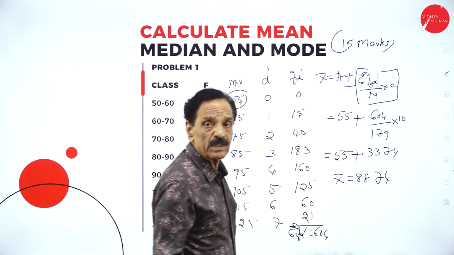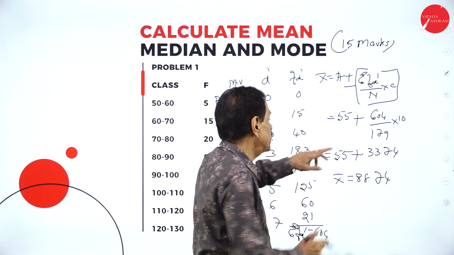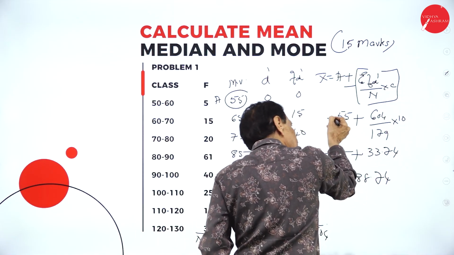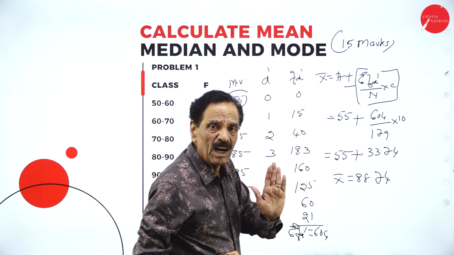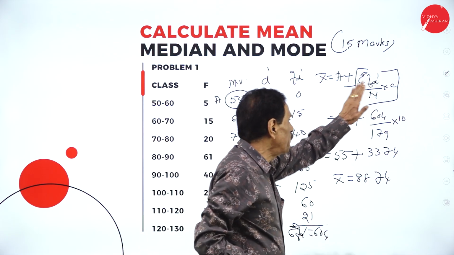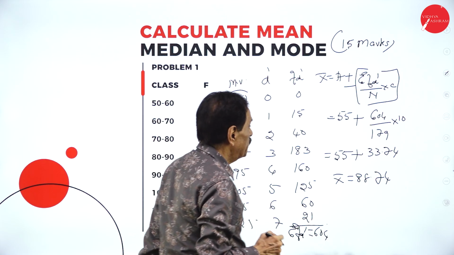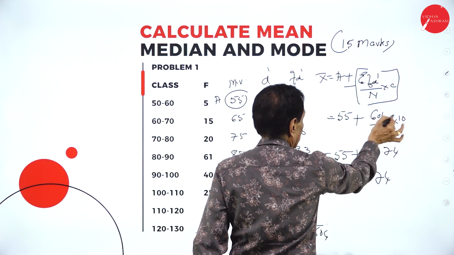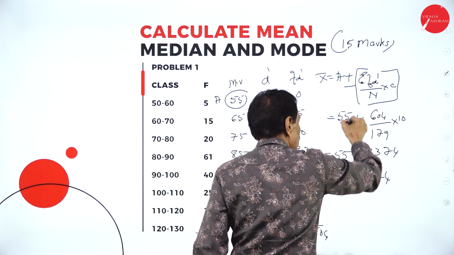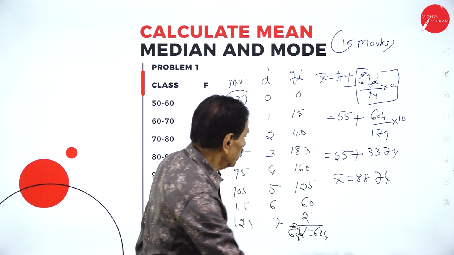So this is a constant. Don't touch this. Simplify this one and then add. A is a constant separately. You simplify all these things, then only you must add. Don't strike off anything like this. Simplify and add. So we have found out the mean.